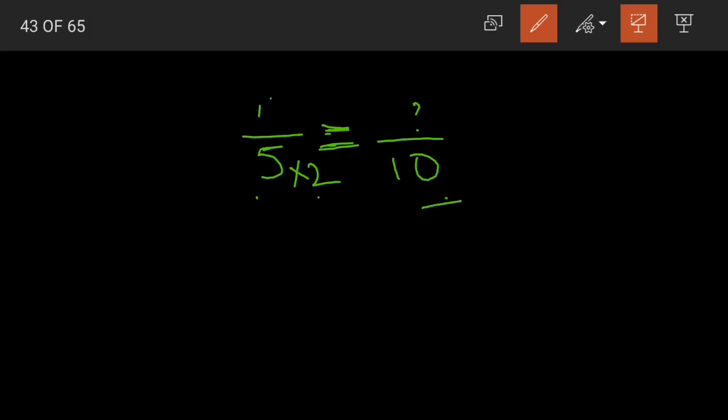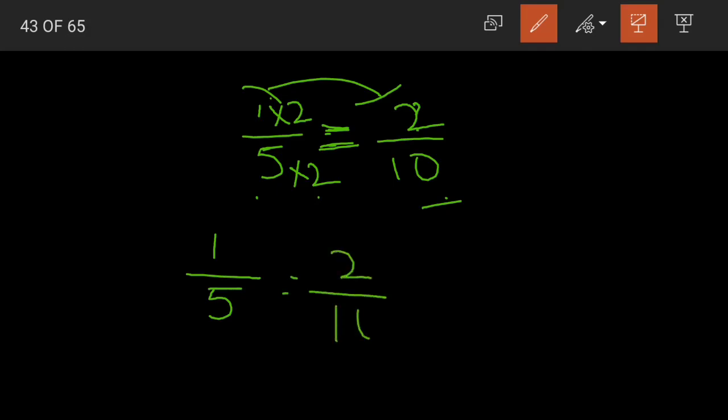Now can we multiply only the denominator and leave the numerator as it is? No, we should multiply the numerator as well. So 1 into 2 becomes 2. So 2 by 10 becomes our new fraction, the equivalent fraction. Understood? 1 by 5 is equal to 2 by 10. So what came in the place of the question mark? 2.